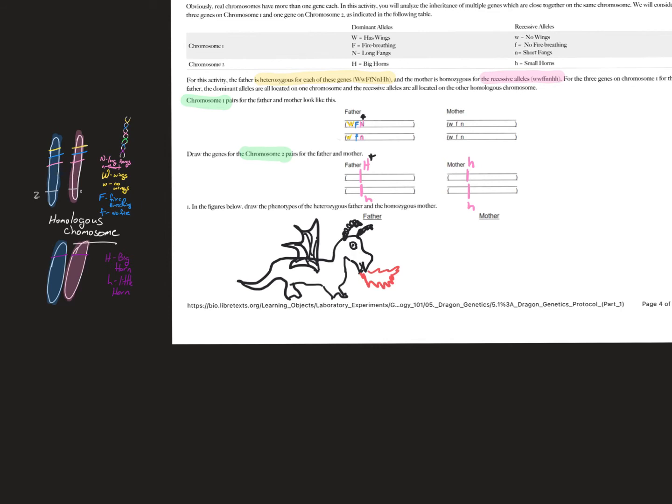Now the mom is going to have, again, you know what, maybe I can save some time and duplicate this. By duplicating it, I know that mom has little horns, so the horns are going to be smaller than the dad's.